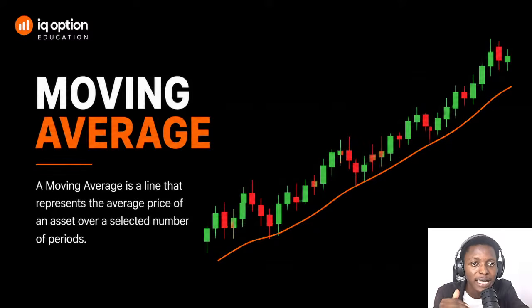A moving average takes previous price data and turns it into a smoother line on the chart. The purpose is to make price movement easier to read. When you are looking at individual candles, especially on fast time frames, there can be a lot happening. Price can move up, price can move down, it can create small reversals and make the chart look very noisy. So the moving average helps us smooth some of that movement so we can get a clearer picture of the recent direction. And we're going to take a few simple examples so that you guys can actually understand.